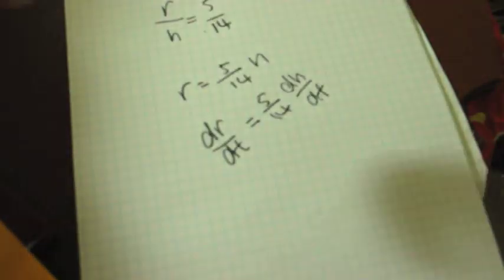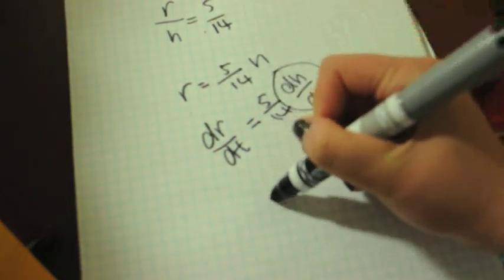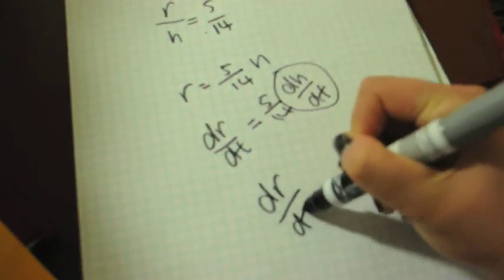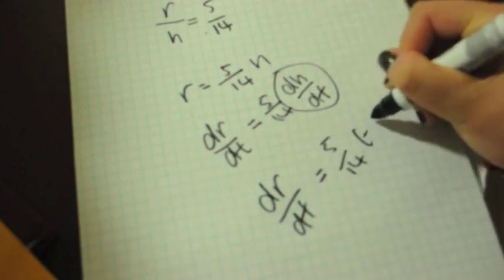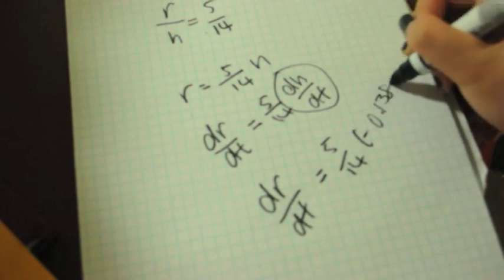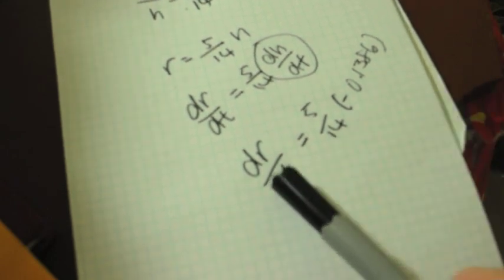So then in this part, we could plug in this value for dh/dt, and then all you need to do is plug this into your calculator, and you would find the rate at which r is changing.